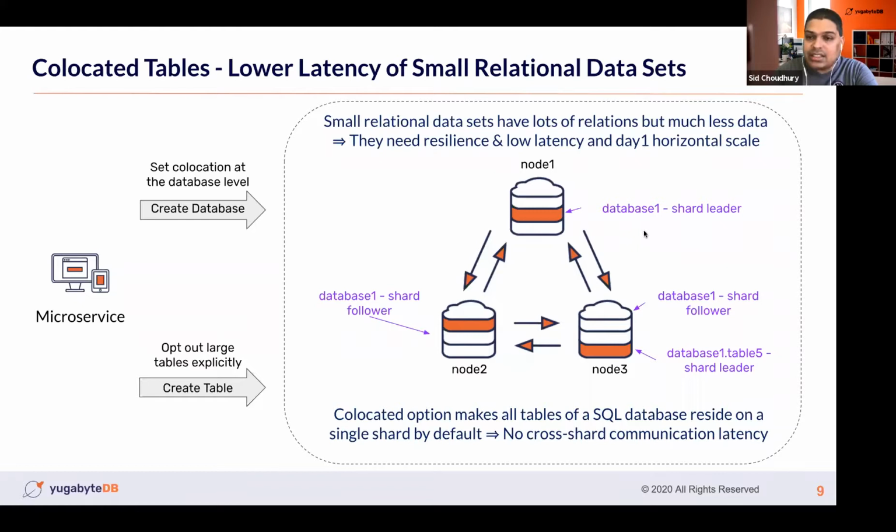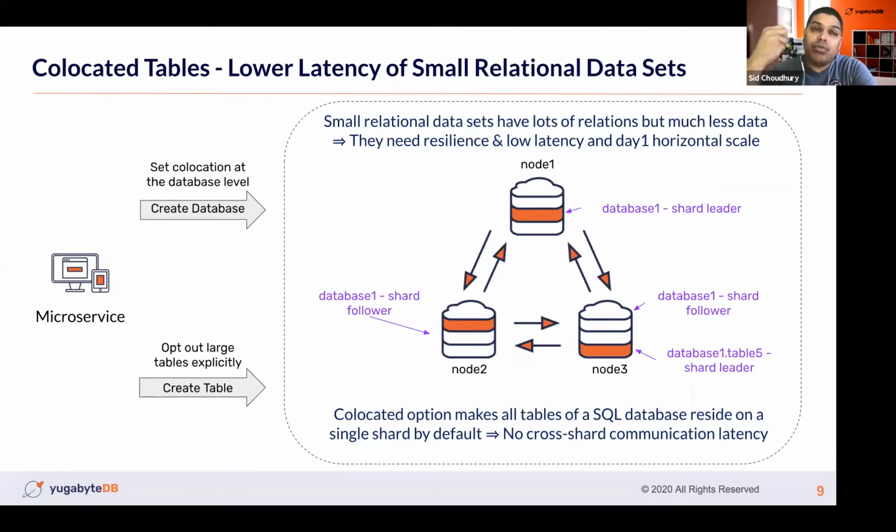Database 1 is following the co-location construct. As a result, there is only one shard and it has been distributed. But there is a table 5, and in our case, let's say it is the product review table.